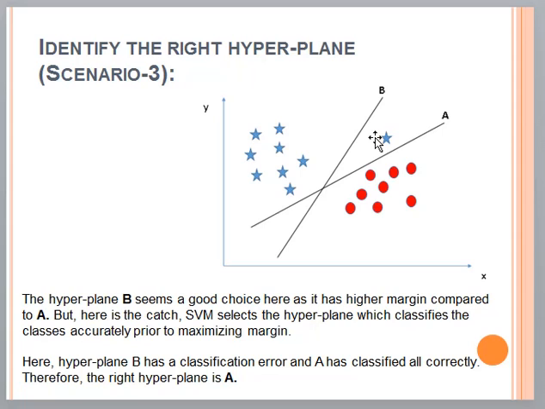So the hyperplane selected by the SVM will be A, because it performs this selection prior to maximizing the margin. Hyperplane B has a classification error because it will misclassify this data point here, and hyperplane A will be able to classify it correctly into this class. Therefore, the right hyperplane will be A.